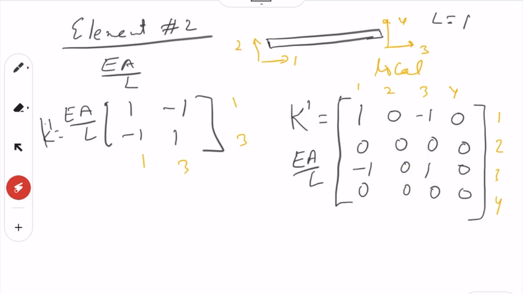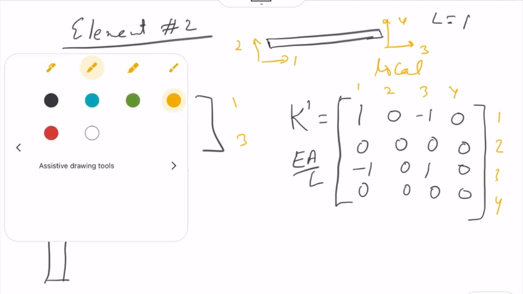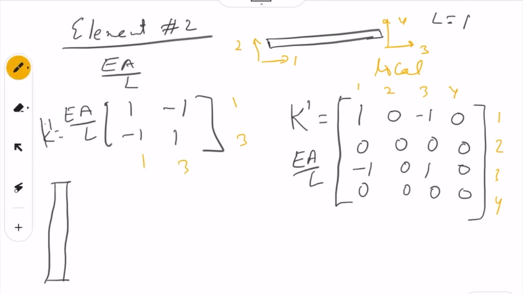Similarly, if you had a vertical one, similarly you can do it. So we can write the same way. Here we have 1 like this, 2 like this, 3 here, 4 here.